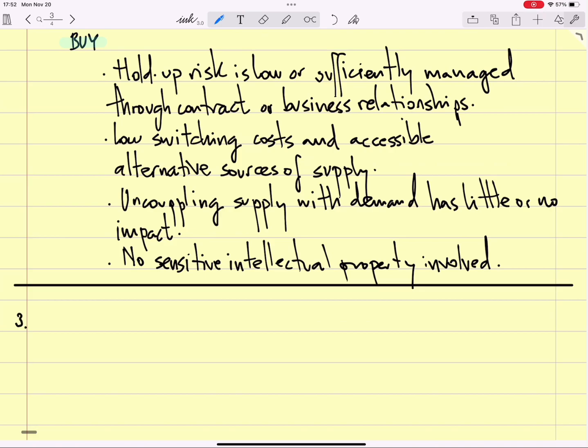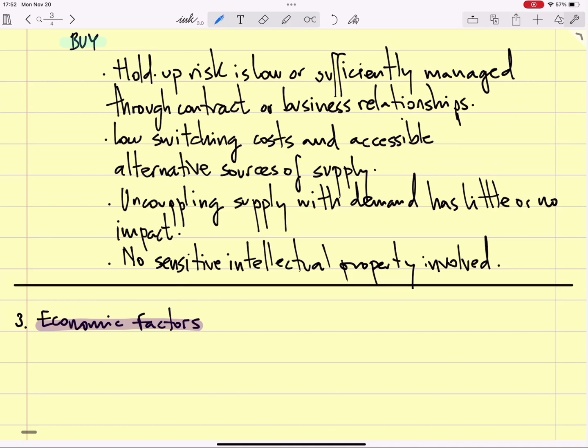A third strategic factor, which is called economic factors, in plural. Another strategic pillar, if you want to call it.